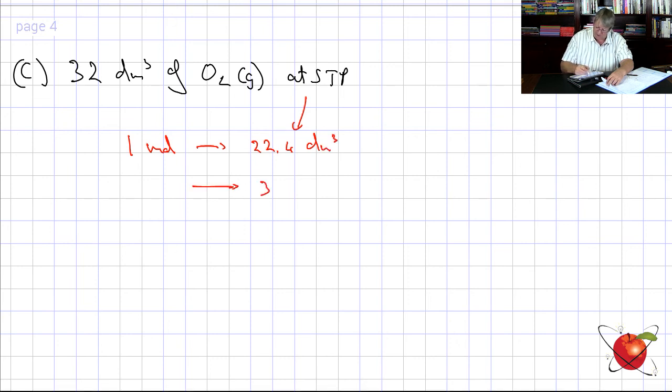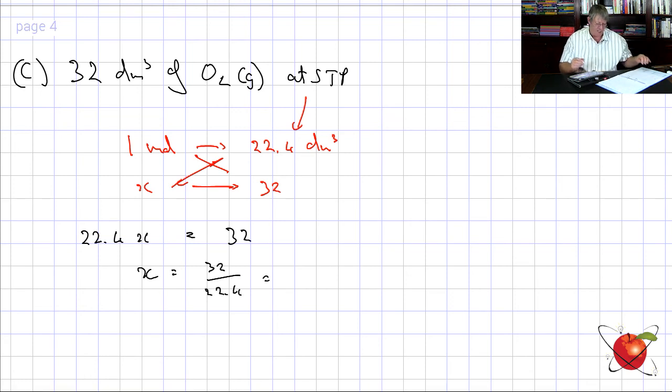Write down what we're given, 32, x, cross multiply. 22.4x must be equal to 32, so x is 32 divided by 22.4. And your answer is going to be 1.429 moles of oxygen.